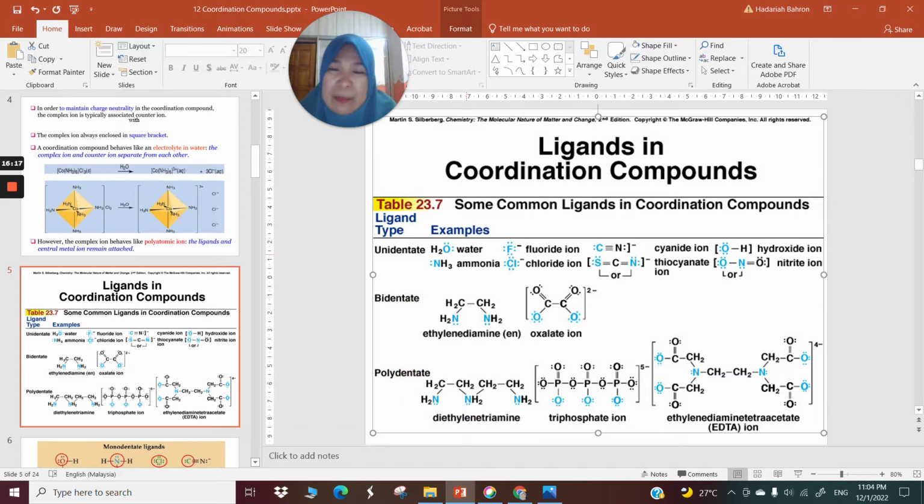Other examples of monodentate ligands are ammonia, of course, with nitrogen as the donor atom; fluoride ion; and chloride. But cyanide, C triple bond N: the choice is between carbon as a donor atom or nitrogen as a donor atom. How do you decide which one for the cyanide ion? Both have lone pairs of electrons.